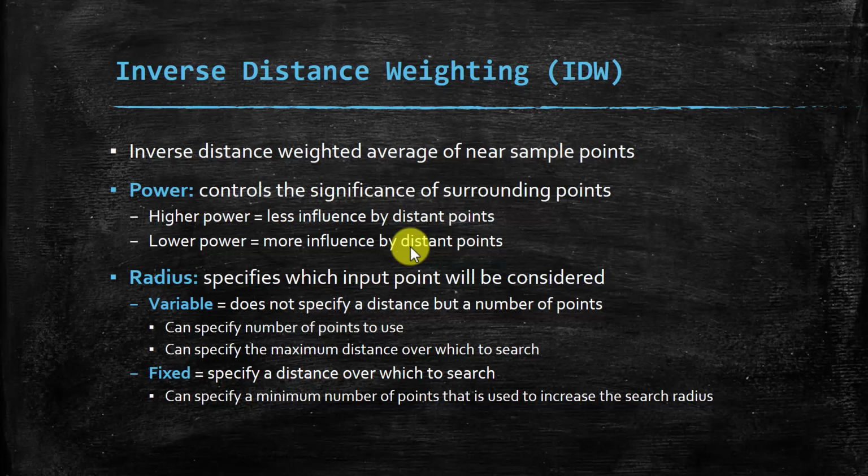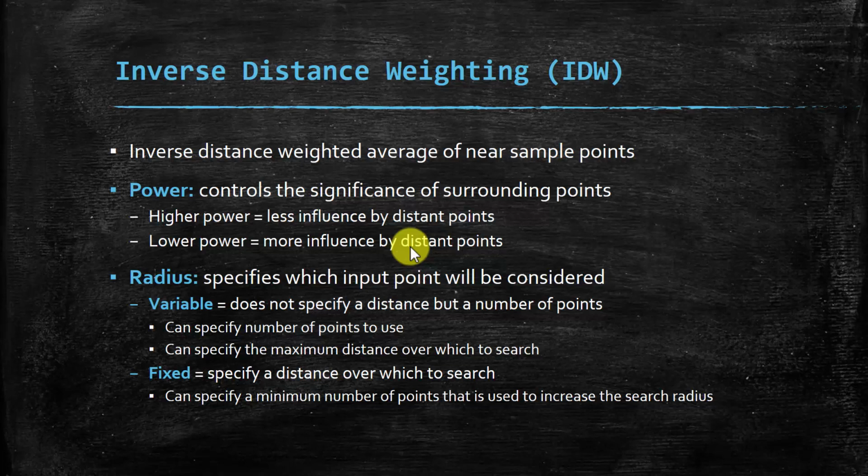You can specify a minimum number of points that is used to increase the search radius. For example, if you set a low search radius and for some areas there just aren't any points within that radius, then you can expand it out to incorporate some additional points. So if there are no points, but you set a minimum of 4, it's going to have to expand out to capture at least 4 nearest points.